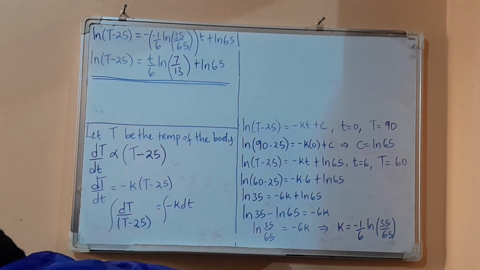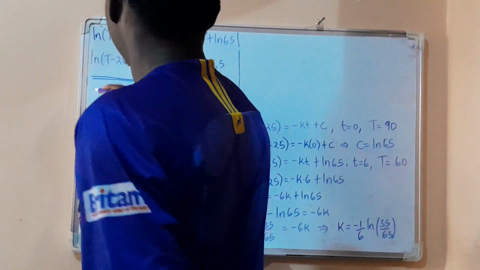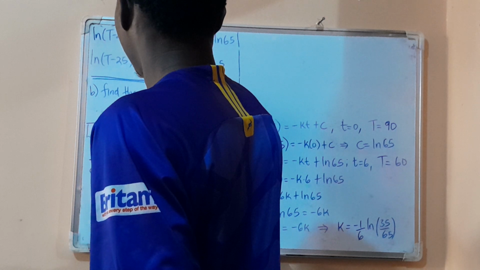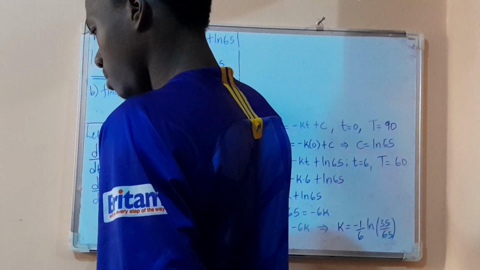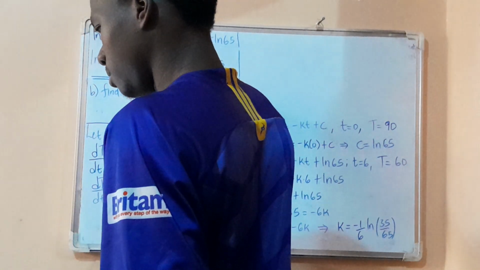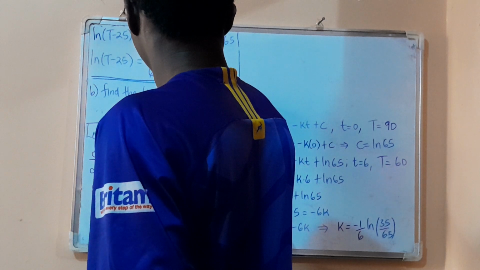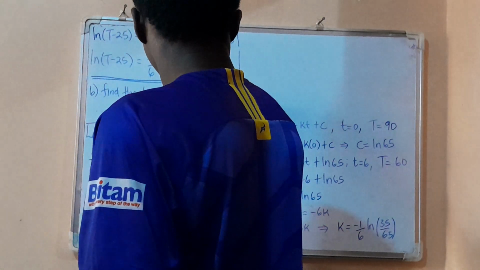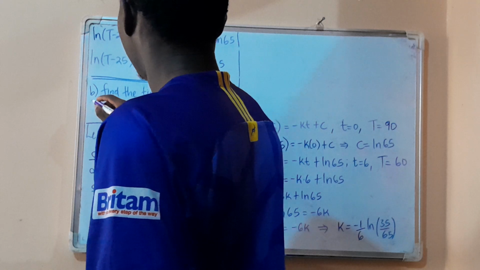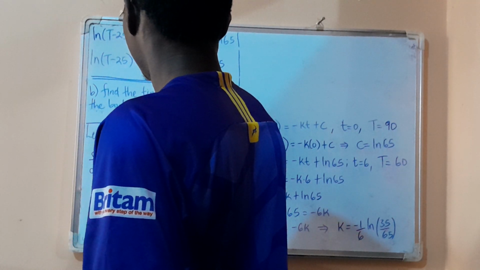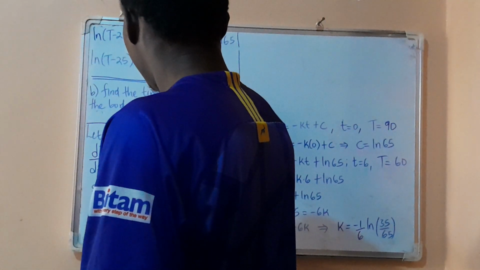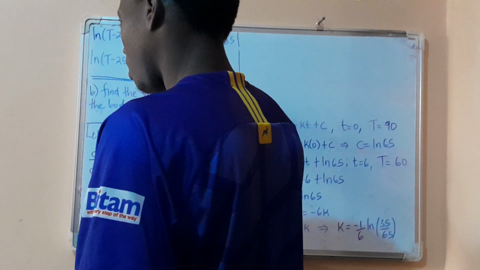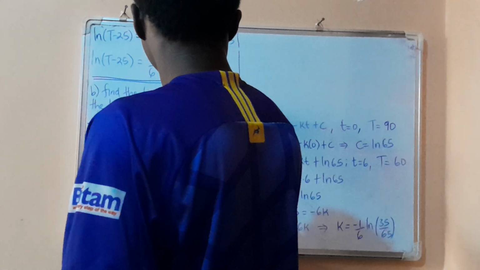Part B, what do we have? Part B, we have: find the time it takes for the body to cool from 40 degrees Celsius to 30 degrees Celsius.